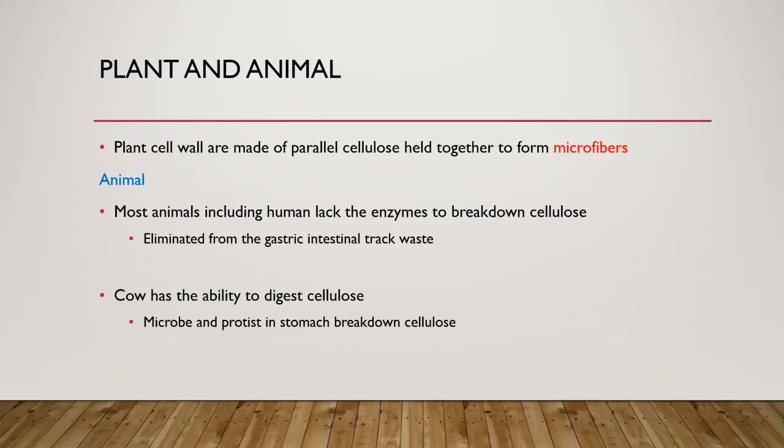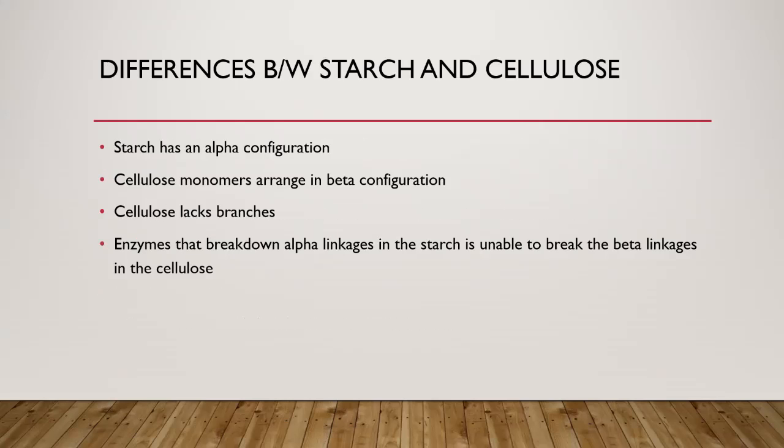However, not all animals are unable to digest cellulose. A cow has the ability to digest cellulose because a cow has microbes and protease in a region of the stomach that breaks down cellulose into nutrients that can be used by cells. Differences between starch and cellulose.